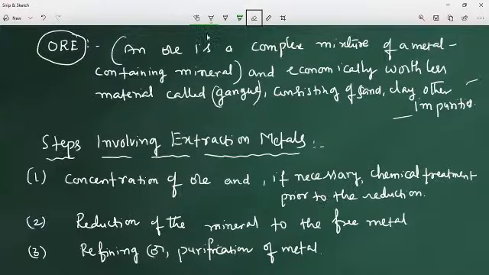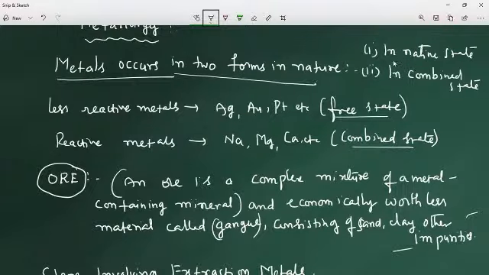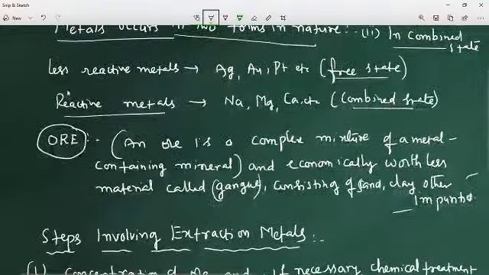So, dear student, you got to know that we have started with metallurgy. In metallurgy, metals occur in two forms: in native form and in combined state. We have reactive metals, which means most metals are available in the combined state. That's why we're going to talk about the compound.